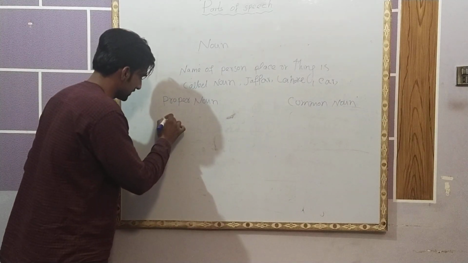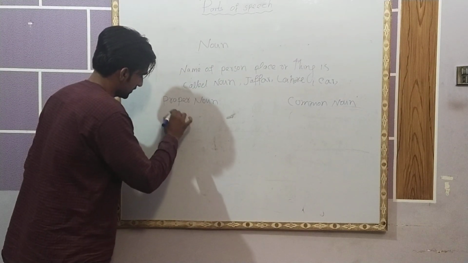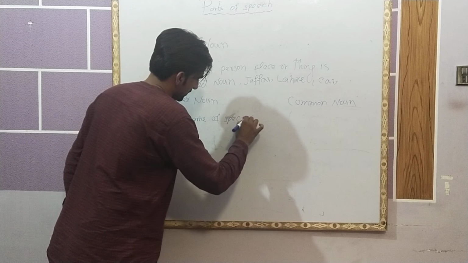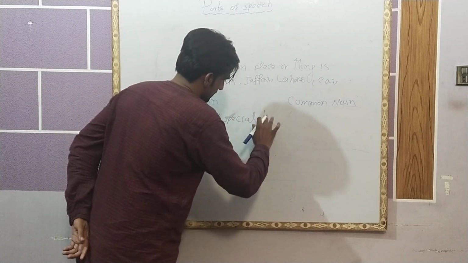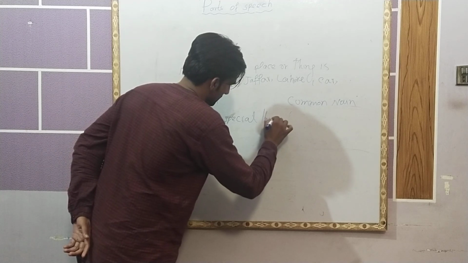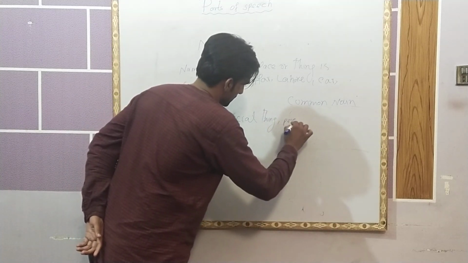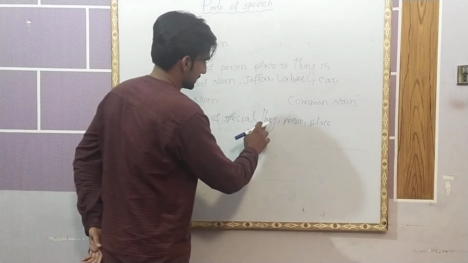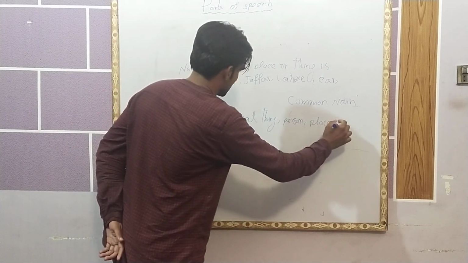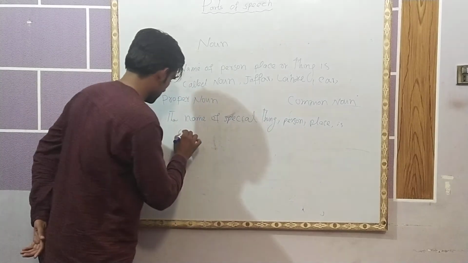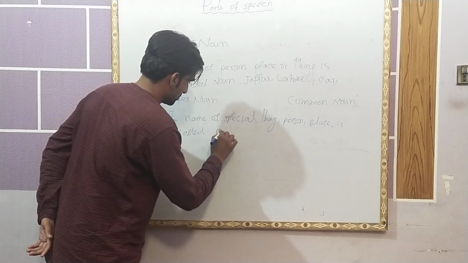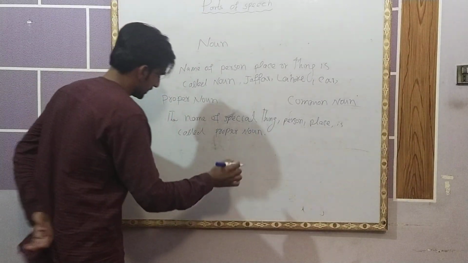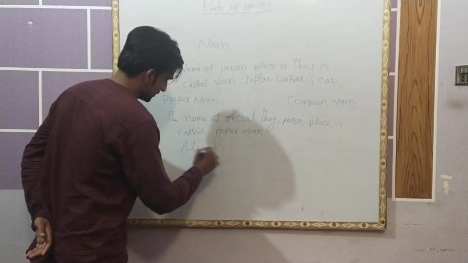So let's write: the name of a special thing, person, place is called proper noun.